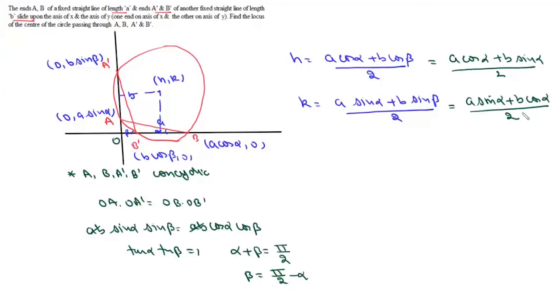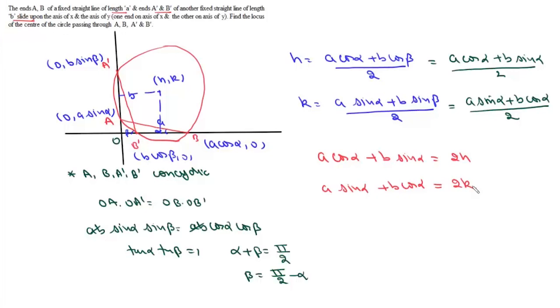Now here we have to eliminate alpha. So what we'll do is, from these equations we'll find cos alpha and sin alpha. So we'll write a cos alpha plus b sin alpha is equal to 2h, and a sin alpha plus b cos alpha is equal to 2k.